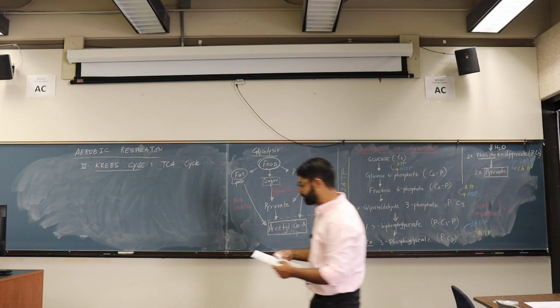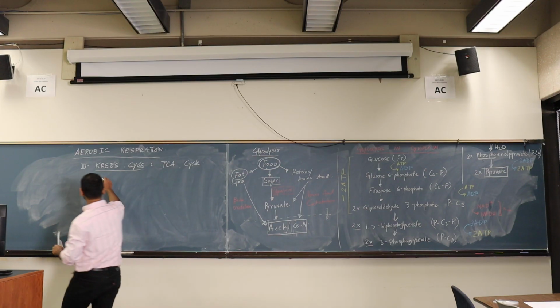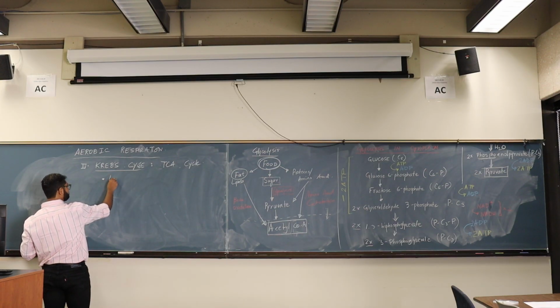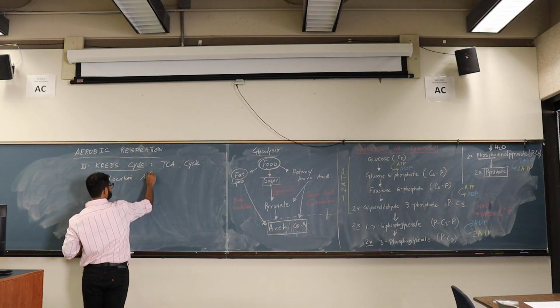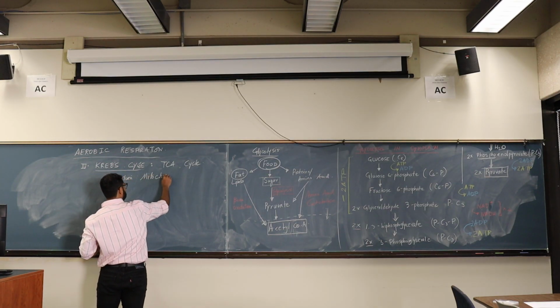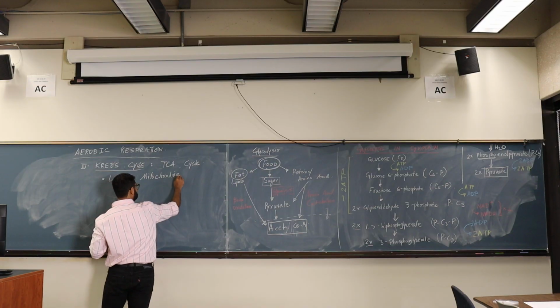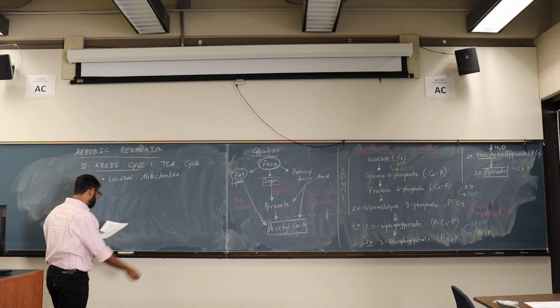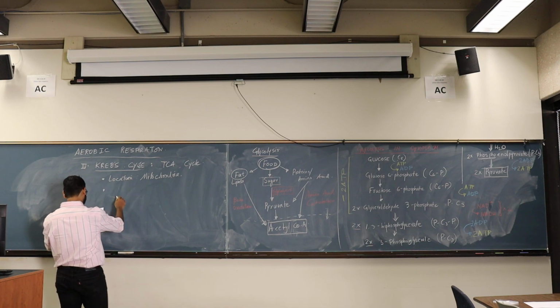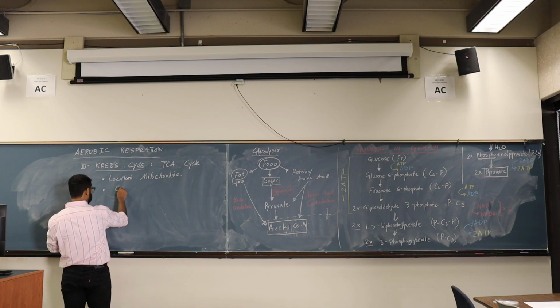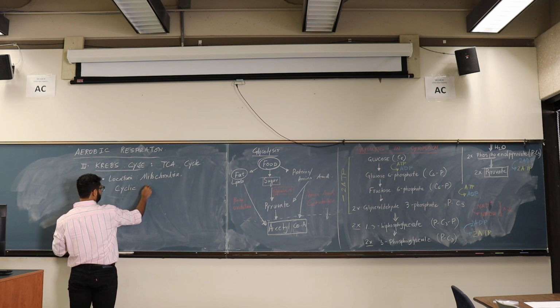In the citric acid cycle, so what is the location? The mitochondria. What we call the powerhouse of the cell. Okay. Now we have the acetyl CoA in the process, and the other thing is this is a cyclic process.